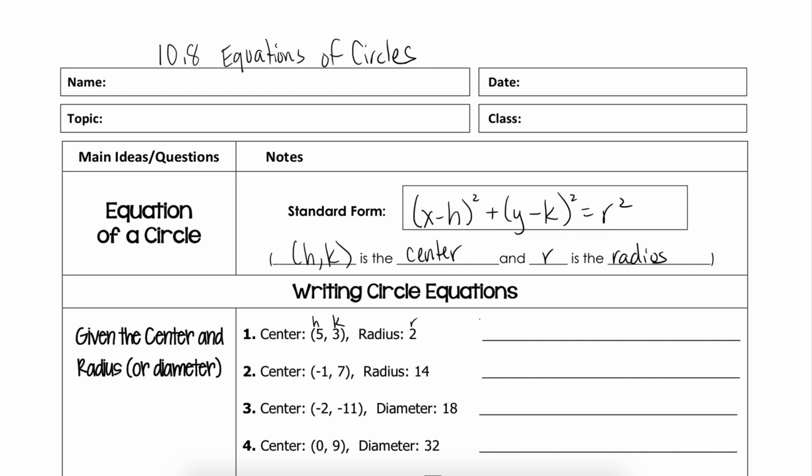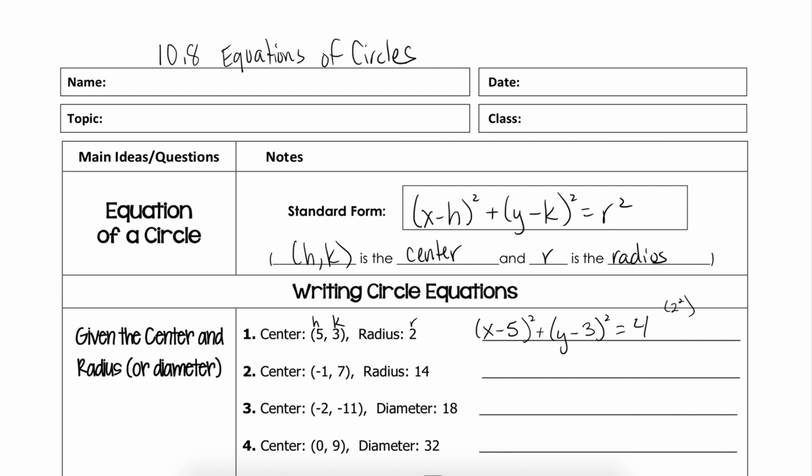I have (x − 5)² plus (y − 3)², where k is 3, and then r². If r is 2, then r² is 4. I'm just going to write that as 2². That's how we got that.